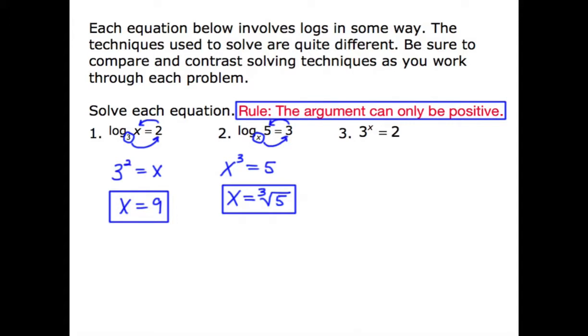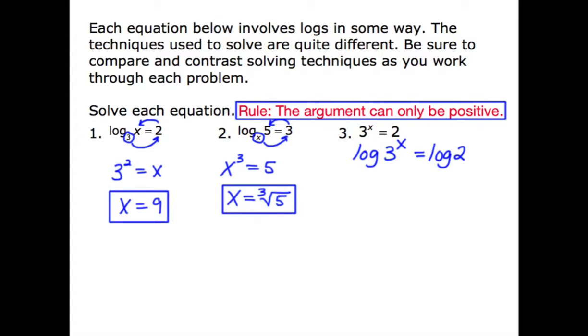So what I'm going to do is take the log of both sides, and this is something that I did in an earlier video in the log series. Step 1 will be to take the log of each side. This leaves us with log of 3 to the x equals the log of 2. On the left-hand side, I can implement the Power Ranger rule, and that exponent of x can jump down in front.